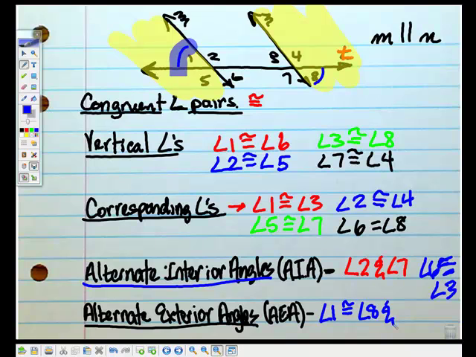If we look, we also have angle 5 as an exterior angle, and if you alternate to the other side of the transversal and the other side of the parallel lines, we get angle 5 and angle 4. Those are alternate exterior angles.